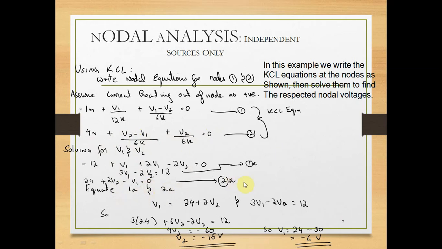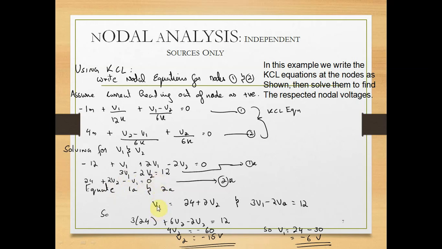Then equate equation 1a and 2a. From this equation, we find V1 equals 24 plus 2V2. Here 24 plus 2V2 minus V1 is equal to 0. Then this minus V1 is transferred from LHS to RHS.